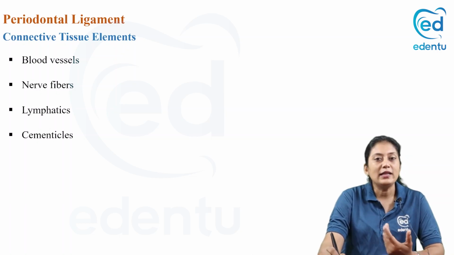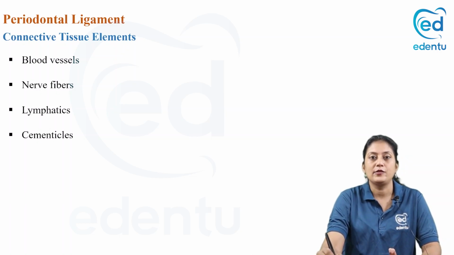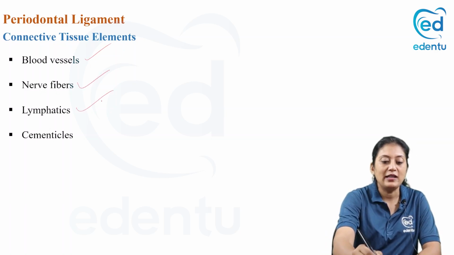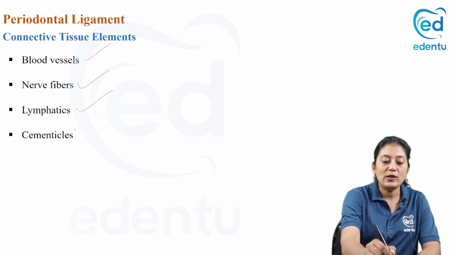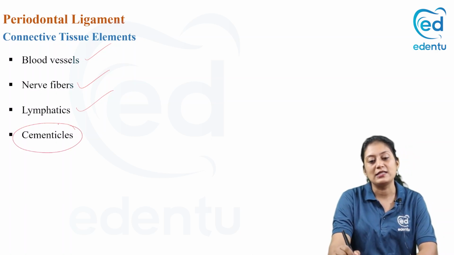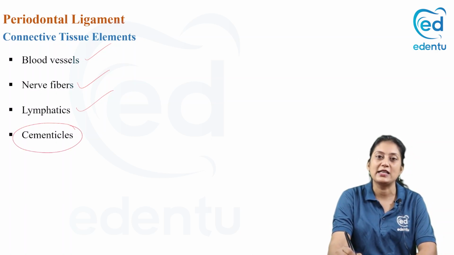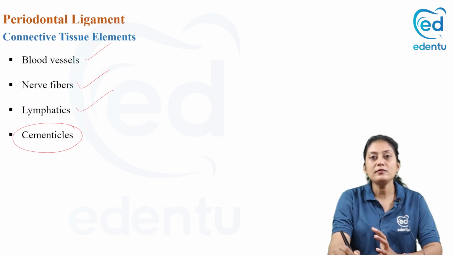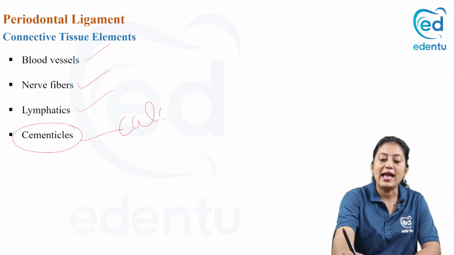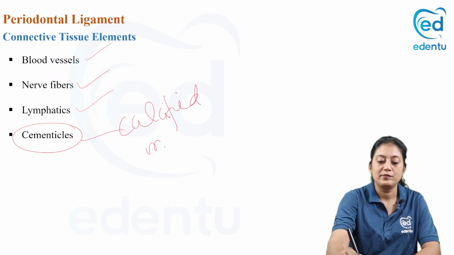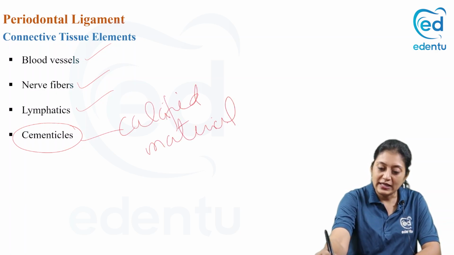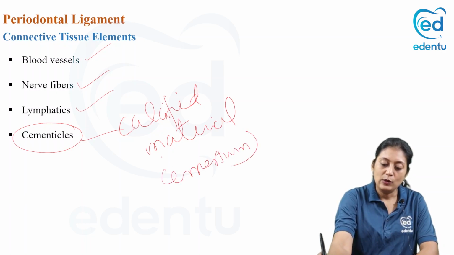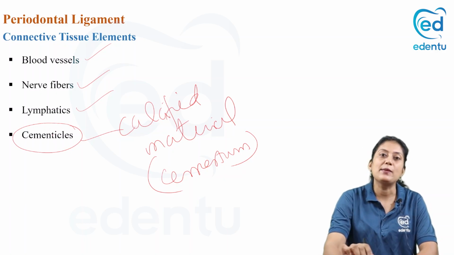Other than that, like any other connective tissue, the periodontal ligament will also have blood vessels, nerve fibers, lymphatics, and one special type of structure seen in the connective tissue, which is called cementicles. So what are these cementicles? Now the periodontal ligament is a soft tissue. In the soft tissue, sometimes calcified material will be seen. That calcified material can resemble cementum, so they are called cementicles.